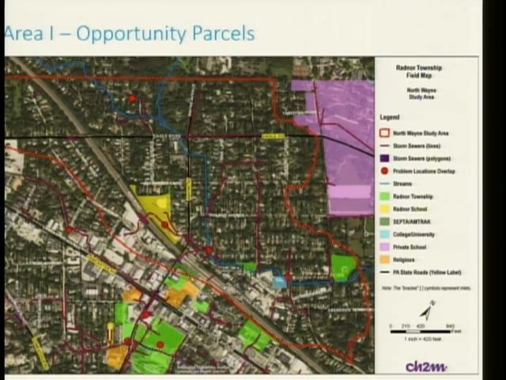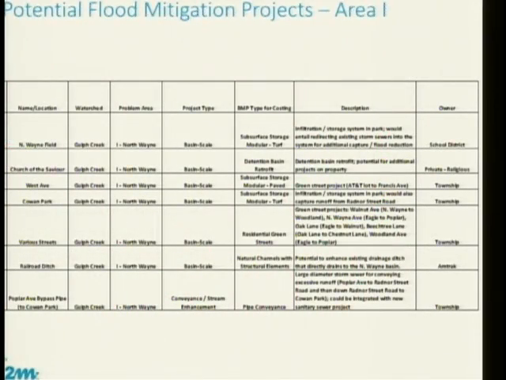Area I, you may have heard of. This is the North Wayne area. We've been talking about this a lot. We have a lot of ideas here. So we ended up with 7 solutions, and 2 of these work hand in hand. There's the North Wayne Field. Obviously, we've looked at that a lot in terms of the proposed basin and the restored basin.